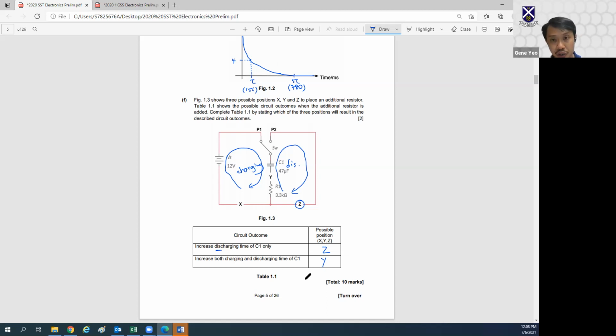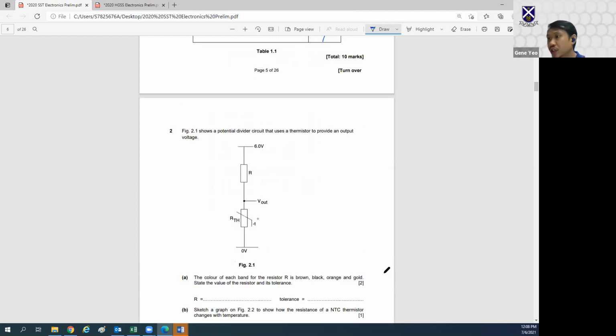Any other issues you have with question 1? If there are no questions, let's go on to question 2.